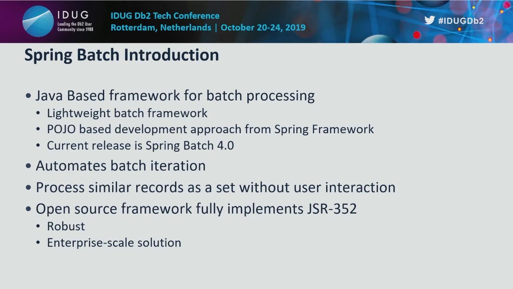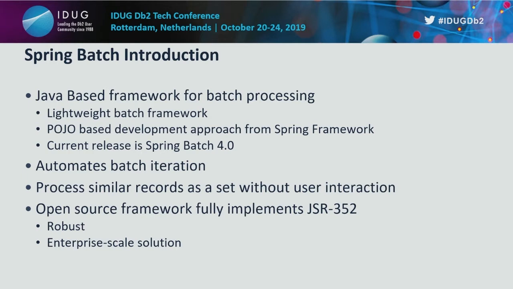So, an introduction to Spring Batch. It's a Java-based framework for batch processing. Is anyone here familiar with Spring in general? Maybe a few people. So Spring is a framework that a lot of Java developers use to develop their applications. It does a lot of the heavy lifting underneath so the programmers can concentrate on the business logic.